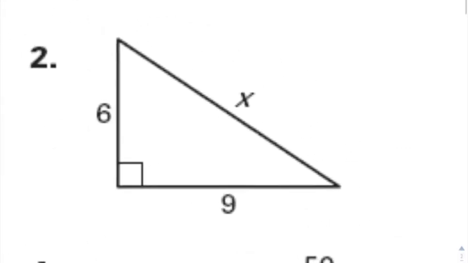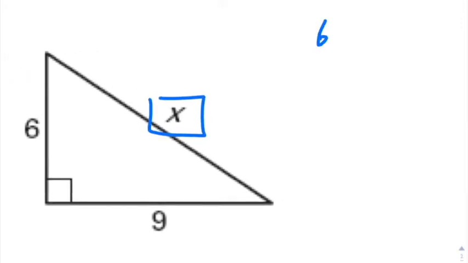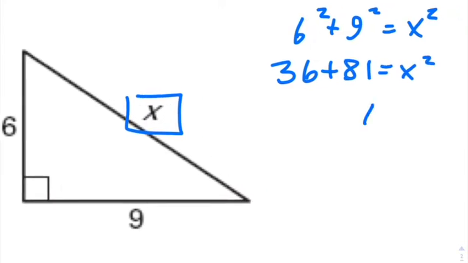We'll see here what's going on with number 2. Number 2, notice the hypotenuse is the unknown side. So you're going to go 6 squared plus 9 squared equals x squared. Alright, so something like 36 plus, I guess, 81 equals x squared. What's that? I think that's 117. Check there.